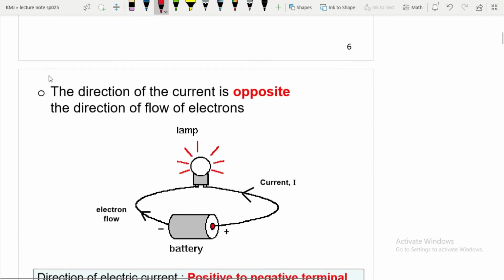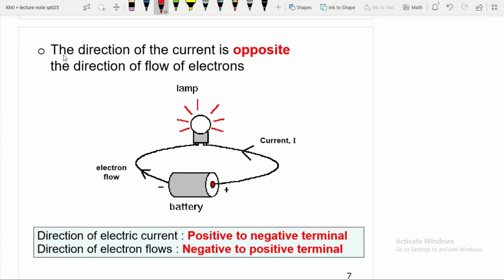Okay, so the direction of current is opposite to the direction of flow of electrons. This is the thing that people always get confused about. The direction of current is like this because the flow of electrons is from negative to positive. Electrons flow from the negative plate to the positive plate.